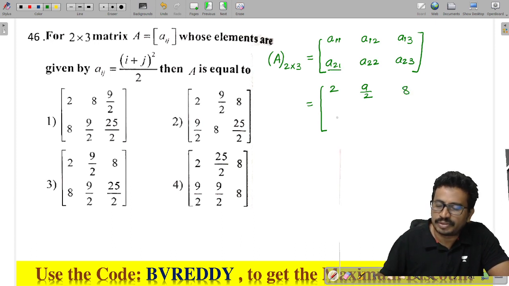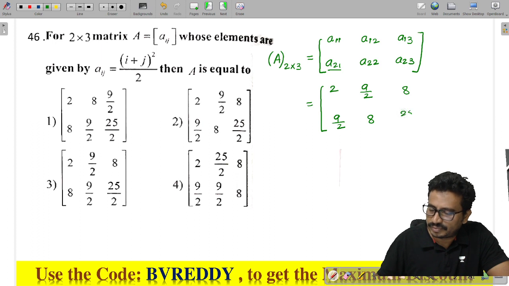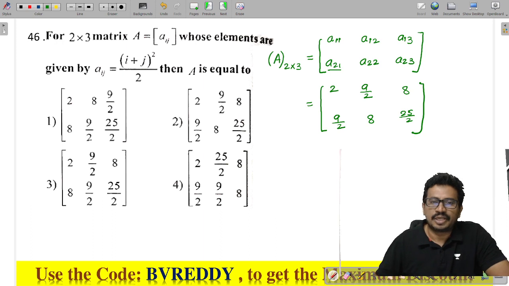Then 2 plus 1, 3, that is 9 by 2. 2 plus 2, 4, 16 by 2, which is 8. Then 5, 25 by 2. Isn't it? So these are the elements of this matrix. So the option 2.